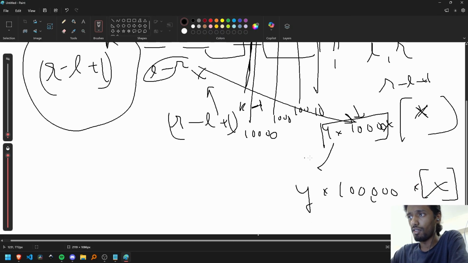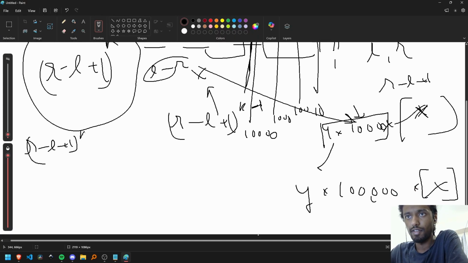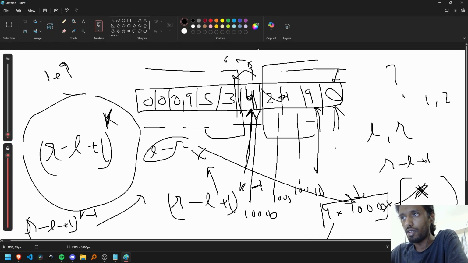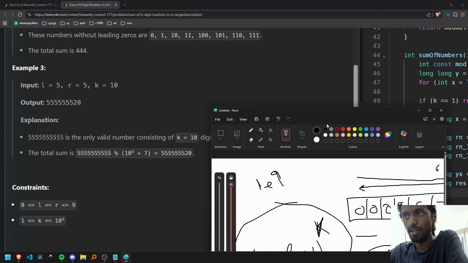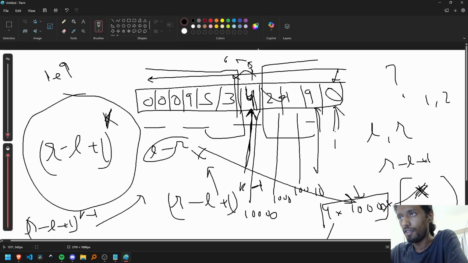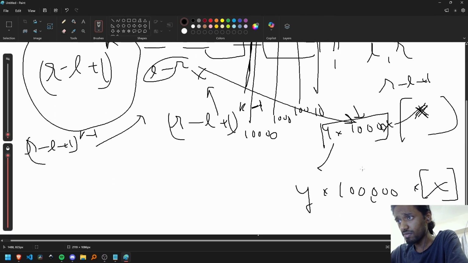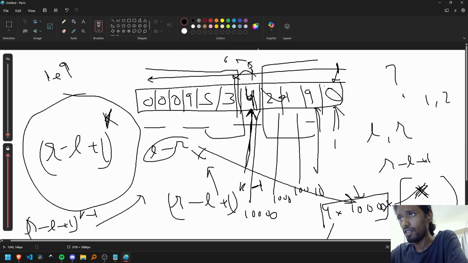So here we can observe some pattern. This part, (R minus L plus 1) raised to the power k minus 1, is fixed, so we can put this in some variable as a constant, as I did here, x. Now obviously we can't iterate, since k is less than or equal to 1e9. But if we observe the pattern, first we have the ones place, then the tens place, hundreds.